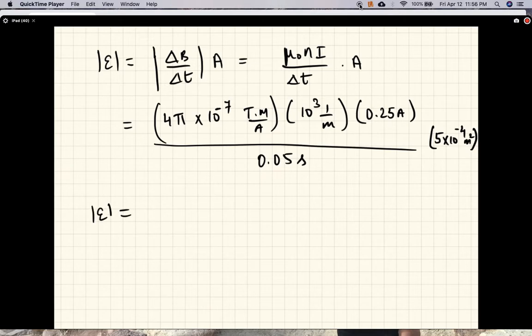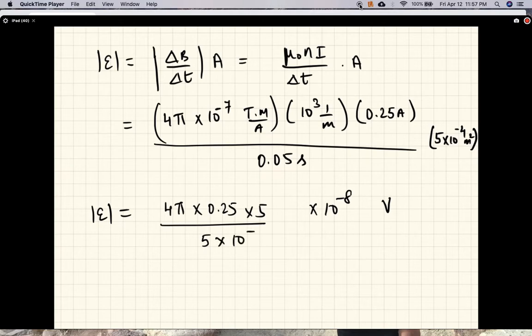So the induced EMF is, okay, let's take care of powers of 10. Minus 7 plus 3 is minus 4. Minus 4 and minus 4 is minus 8. Okay, so that's 10 to the minus 8. It's an induced EMF, so it will work out in volts. 4 pi into 0.25 into 5 divided by, oh, I should have taken care of this as well. 10 to the minus 2.